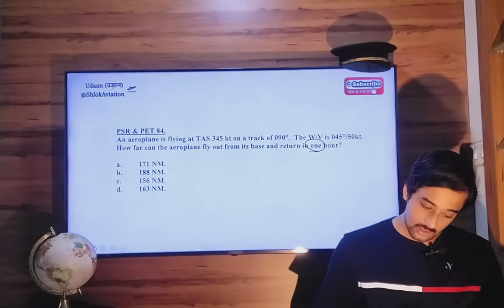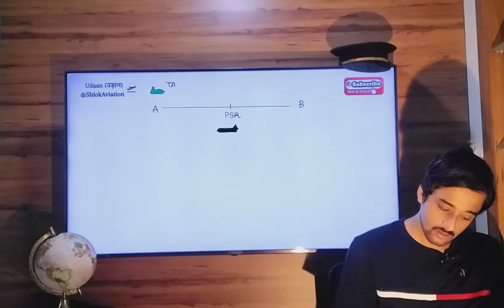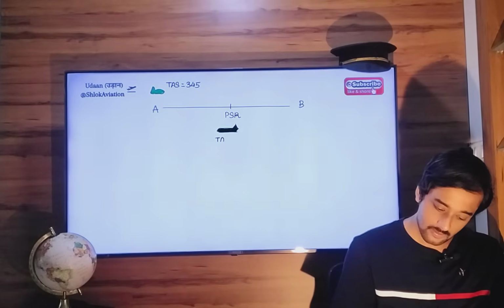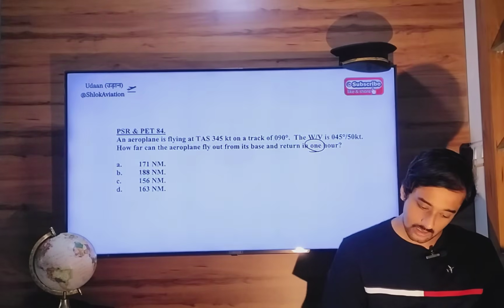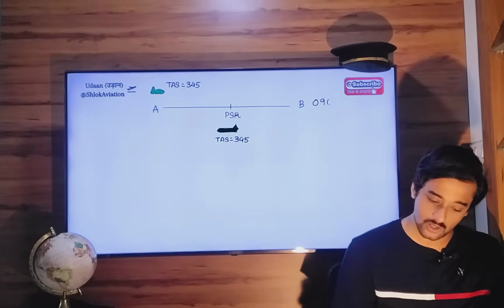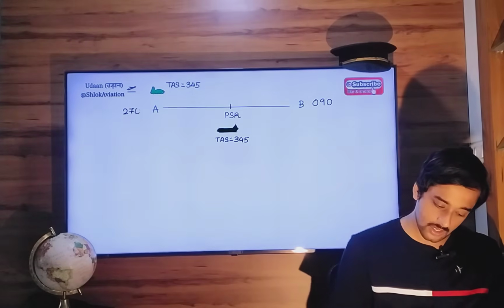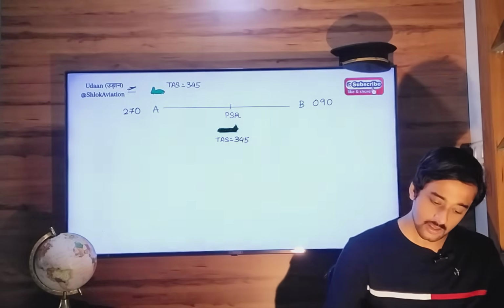Okay, so TAS is 345. Outbound track is 090. Homebound track is 270. Winds 045 at 50.